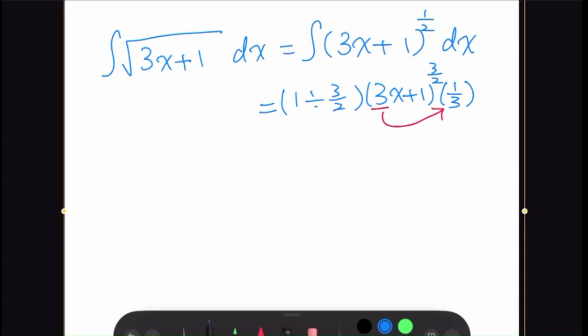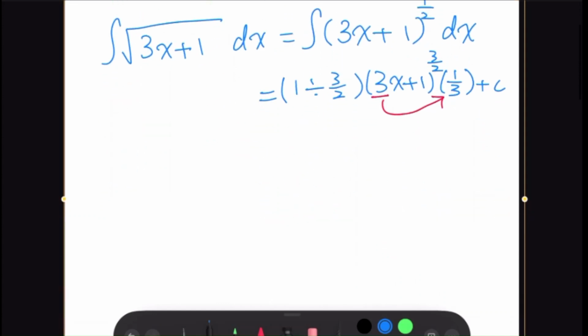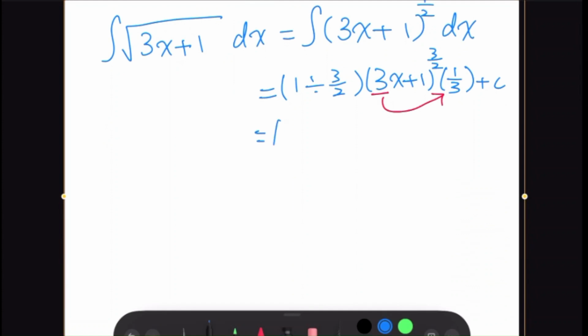So we can do U sub for this. That is the derivative times the power. And then plus C, which would become 2 on 3, 1 on 3, 3x plus 1 to the 1.5.